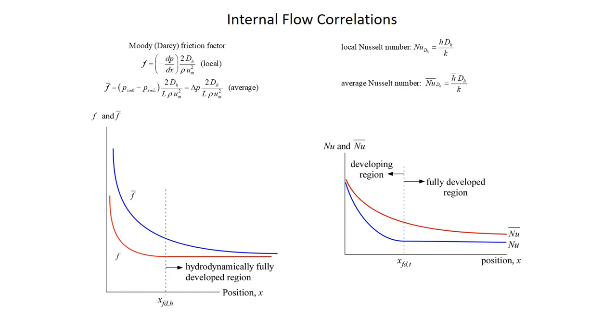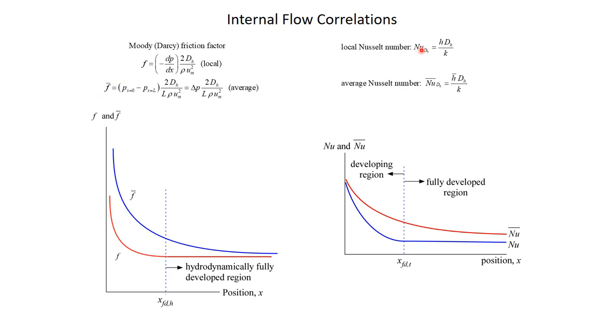to using correlations. So we said that if we're interested in the pressure drop, either the local pressure drop or the total pressure drop in an internal flow, we're going to be looking up correlations for the local friction factor or the average friction factor, right?